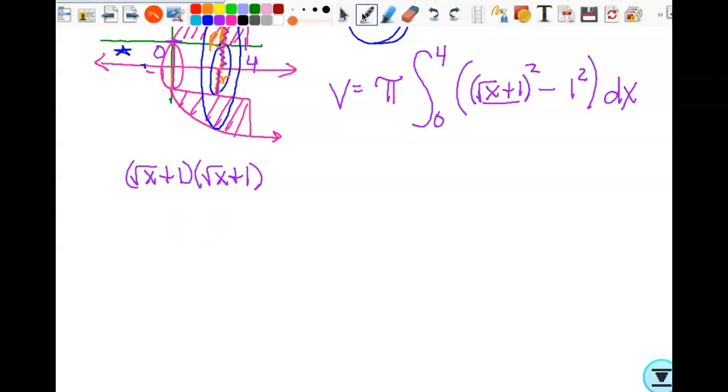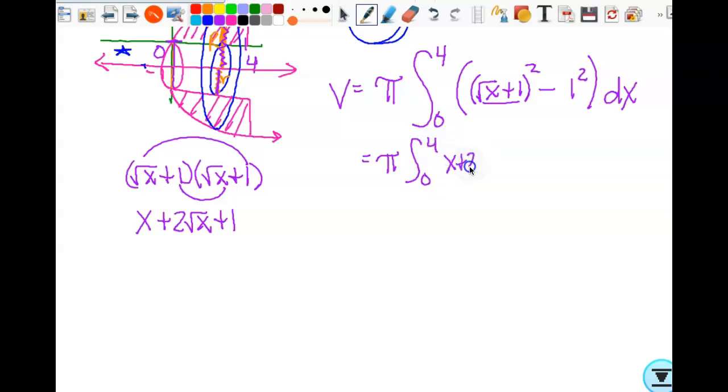All right, so we're going to FOIL. Square root of x times the square root of x is x. Then I get square root of x plus the square root of x, so 2 square roots of x, plus 1, minus 1. So that means here I have pi times the integral from 0 to 4 of x plus 2 square roots of x plus 1 minus 1 dx.